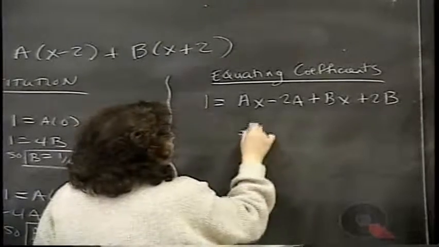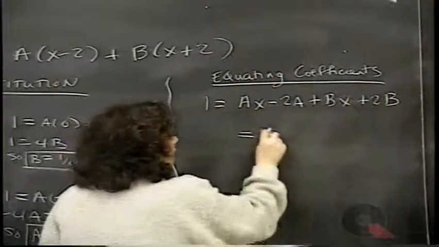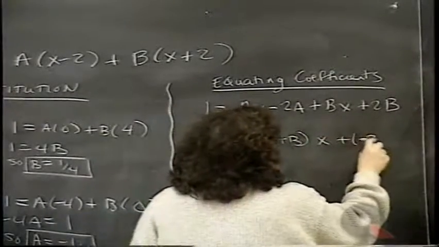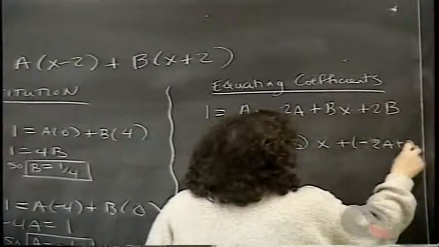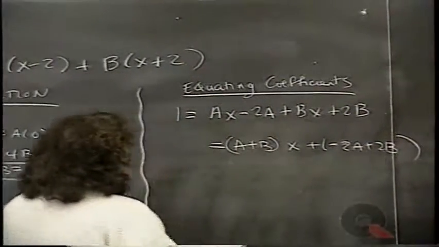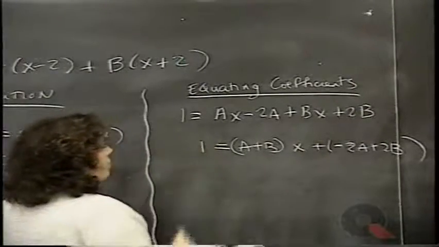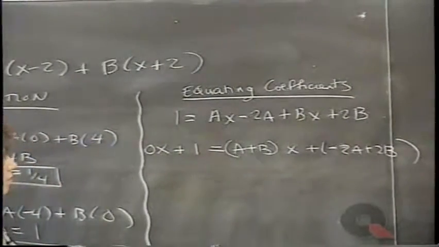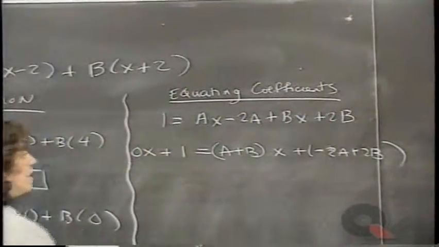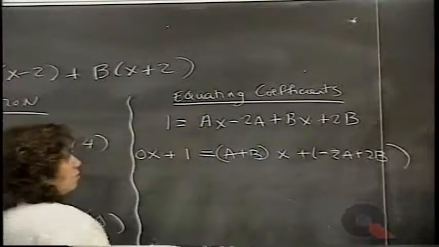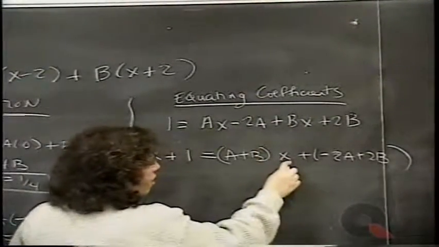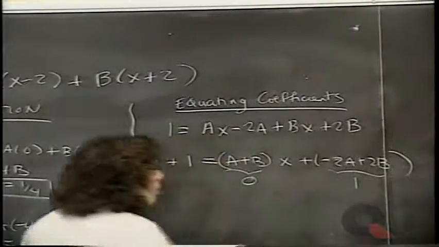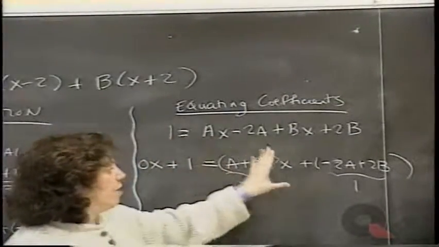We have here Ax and Bx, so we're going to make it (A plus B) times x, and then minus 2A plus 2B. And on the left side, we have 1. Now, you could think of this as really 0x plus 1. In equating coefficients, in order for this to be identically equal to 1, the coefficient of x has to be 0, and the constant has to be 1. In other words, this has to match up to be 0x plus 1.